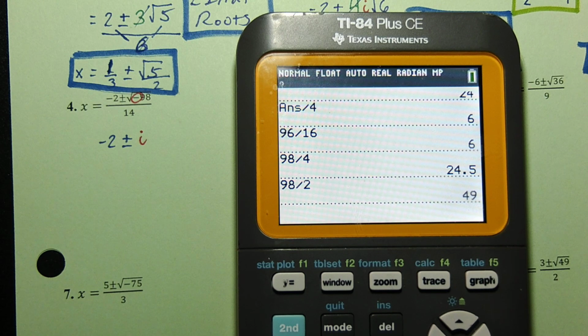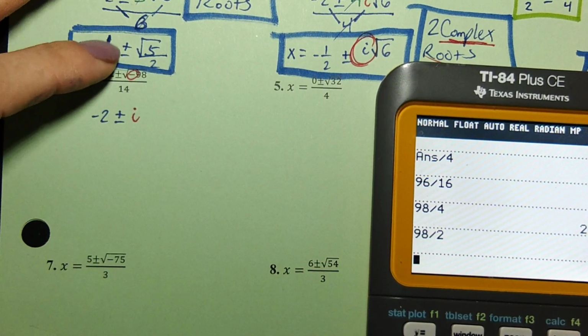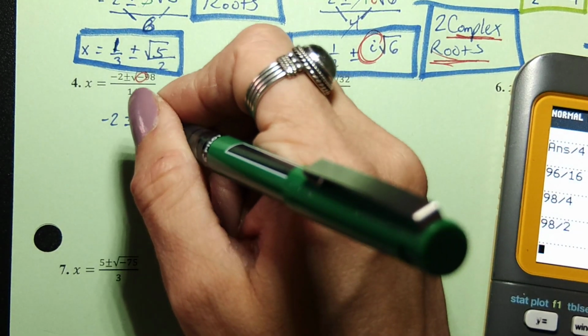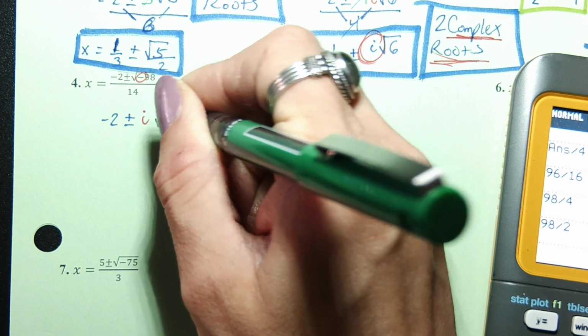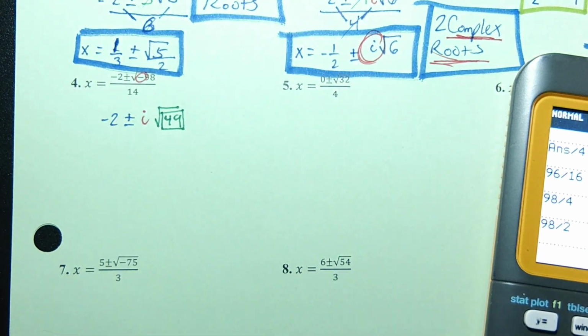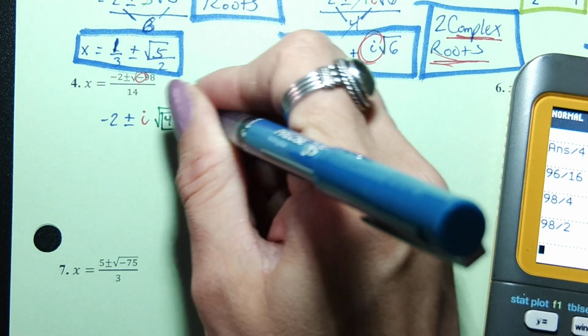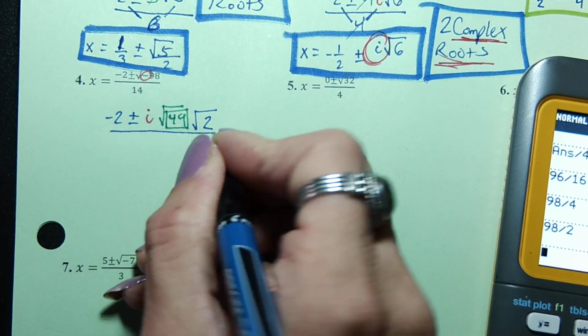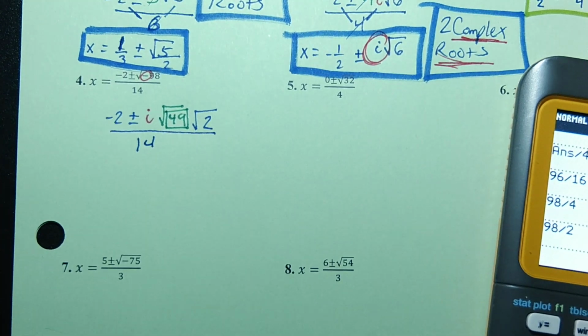So again, you could just start working your way down that purple sheet list and trying to find the perfect square factors, or you can start dividing by items, trying to make a factor tree to find the perfect squares. So we see that 49 is our perfect square factor, and 2 would be our non-perfect square factor. This is all over 14.